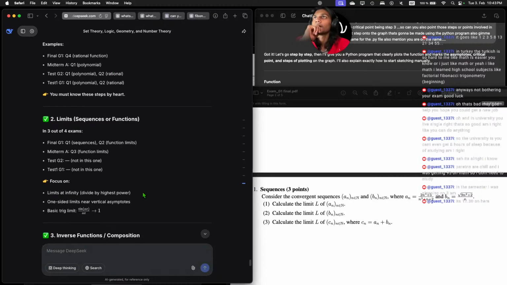We choose midterm. Limits and sequences are functions. Limits at infinity: divide by the highest power.